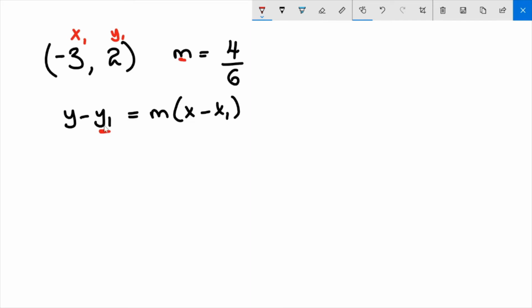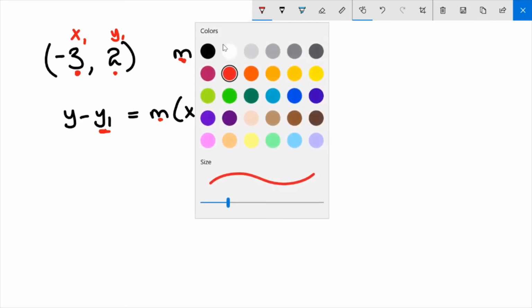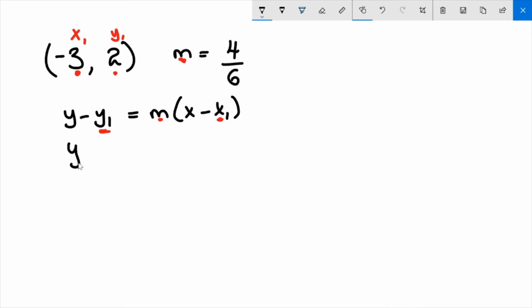So y1 is right here, x1 is right here, and m is right here. So writing it out, I'll write y minus y1, y1 is 2, equals m, which is 4 over 6, times x minus x1, and x1 is negative 3.